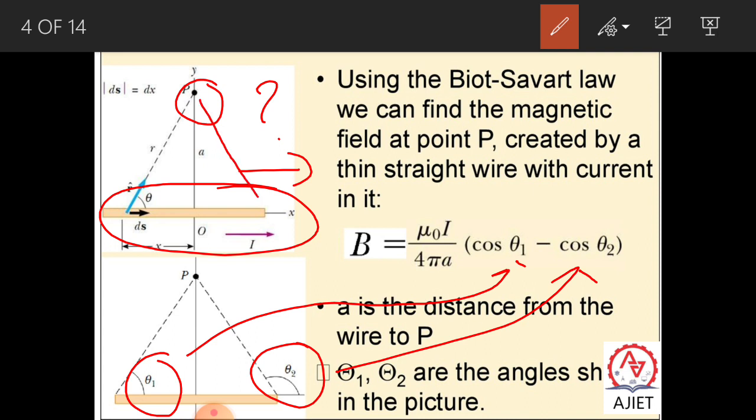We took one line like this, and this we have taken as theta 1 and this we have taken as theta 2, and we have substituted that in the formula mu naught I, where I is the current passing in this conductor, and 4 pi a, where a is the distance from the current carrying conductor to the point where we have to calculate the magnetic field intensity, and cos theta 1 minus cos theta 2. In this way one can calculate the magnetic field at the point P.